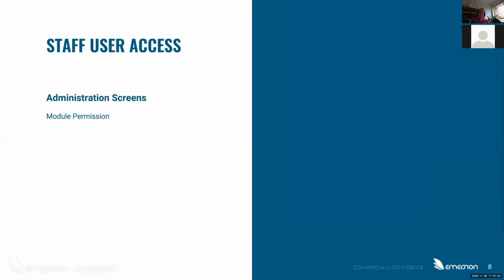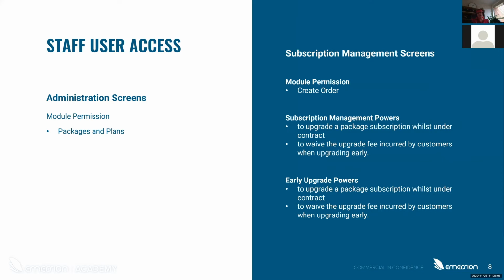In terms of staff user access, to do the administration side of the contract you only need one module permission. If you've got access to the packages and plans module permission, then you'll be able to use these administration screens. From the subscription user side, you'll need a permission to create an order, because it doesn't matter what type of order it is, you'll need the permission to create the order.